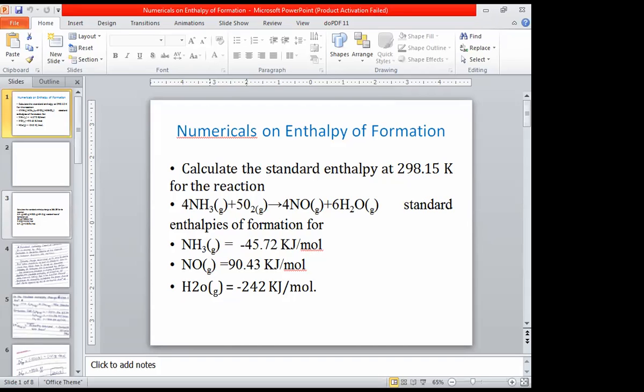So formation reactions are the reactions in which only one single compound is formed from its different constituents, means from different reactants. A single compound.